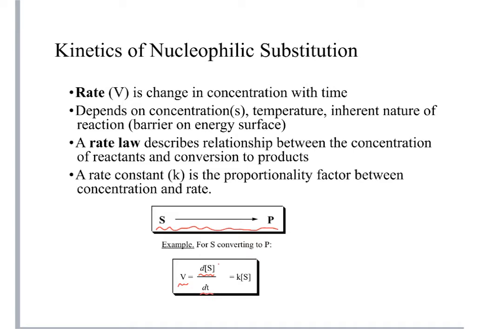So if we substitute the concentration of reactants and conversion to product with the proportionality constant K, then our rate becomes simply K times the concentration of S.